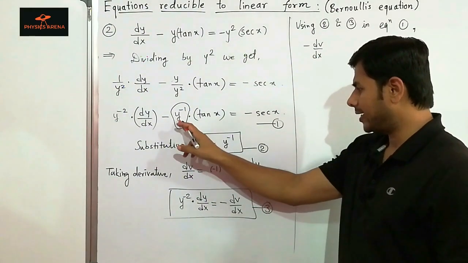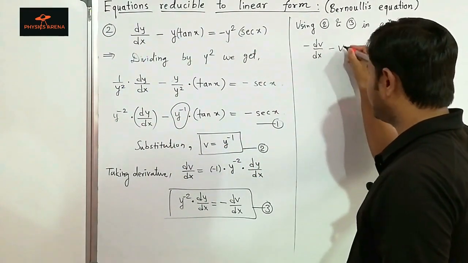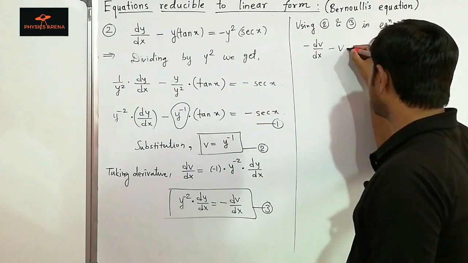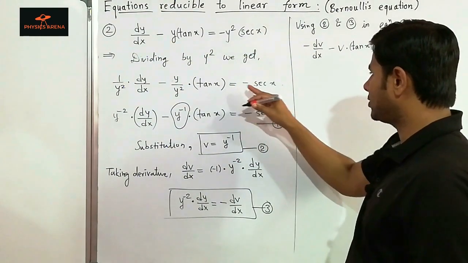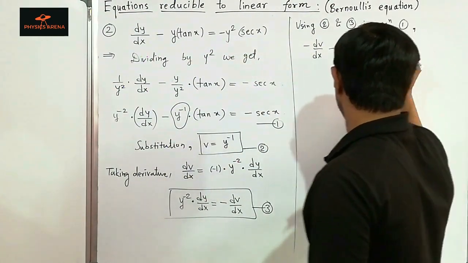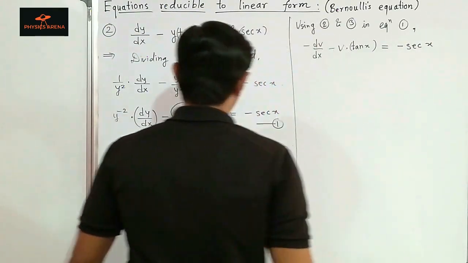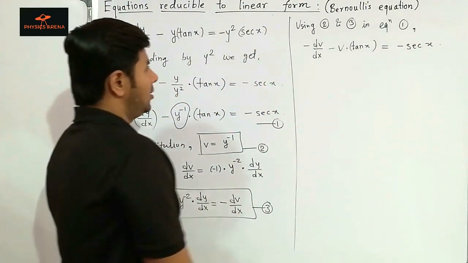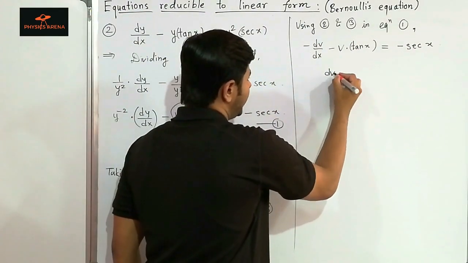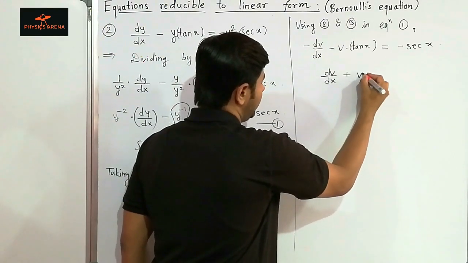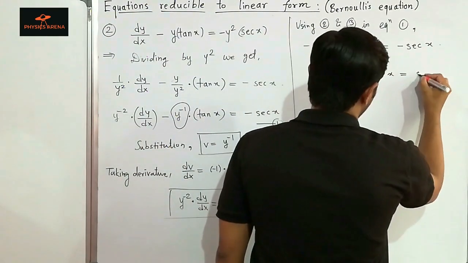Then in place of y raised to minus 1, we have v. So minus v multiplied by tan x equals minus sec x. Okay, and we can get rid of this minus sign to have dv by dx plus v multiplied by tan x equals sec x.